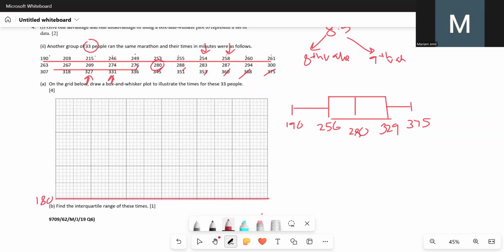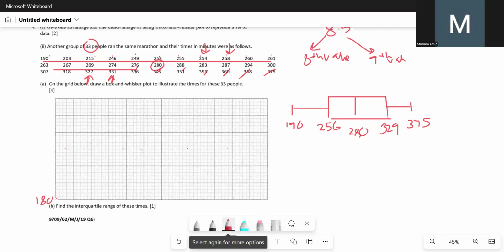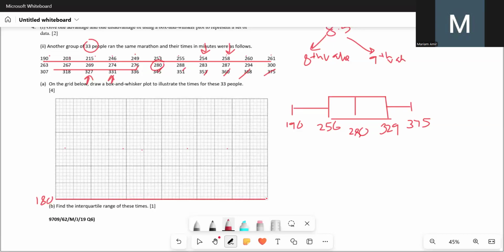I believe not. We'll need to choose an appropriate scale. So after 180, we could write 200, a 20 unit shift, then 220, then 240, and so on.